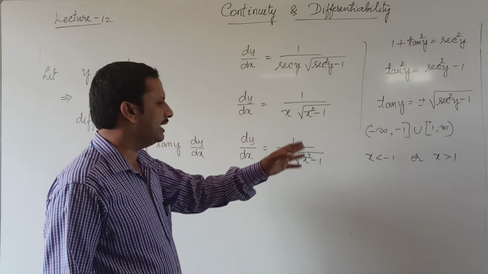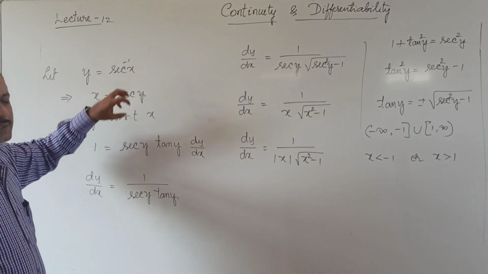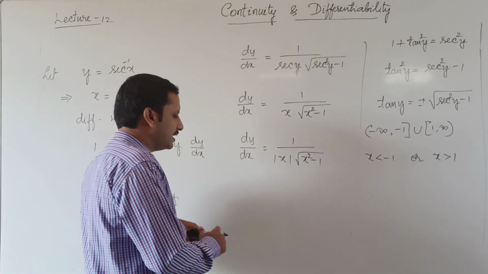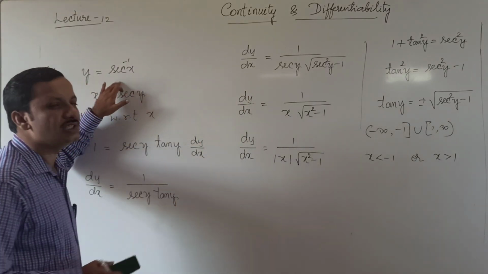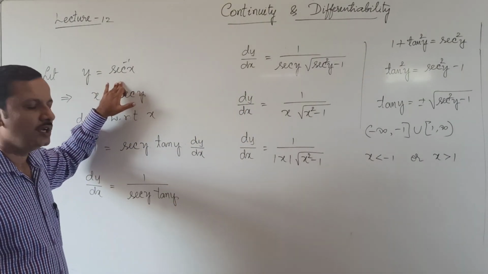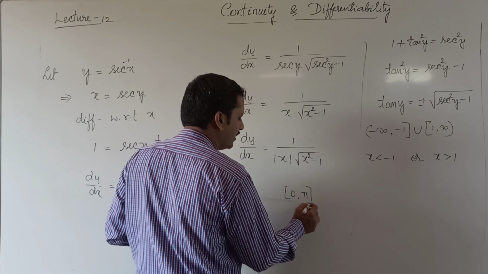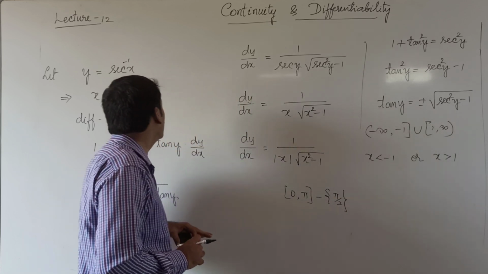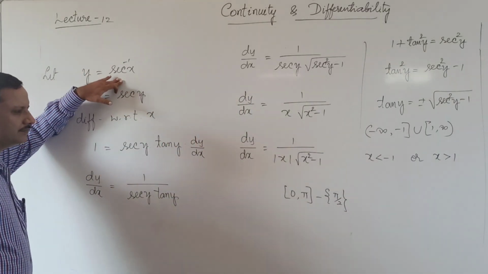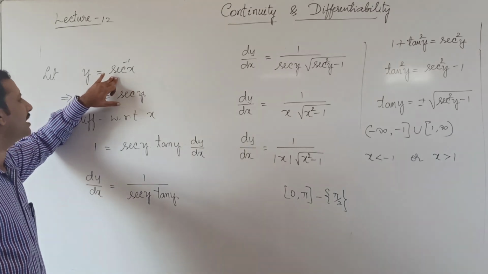Now when I take x greater than 1, what is the range of secant inverse x? Range of secant inverse x is closed interval 0 to pi except pi by 2.